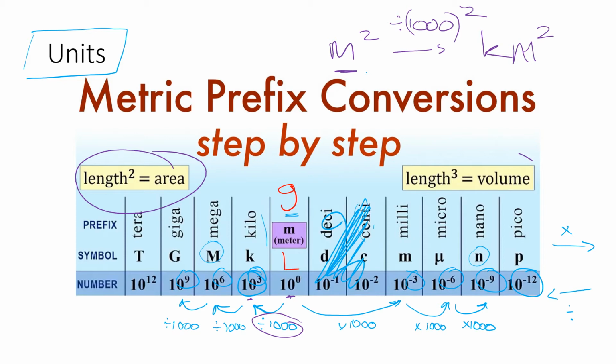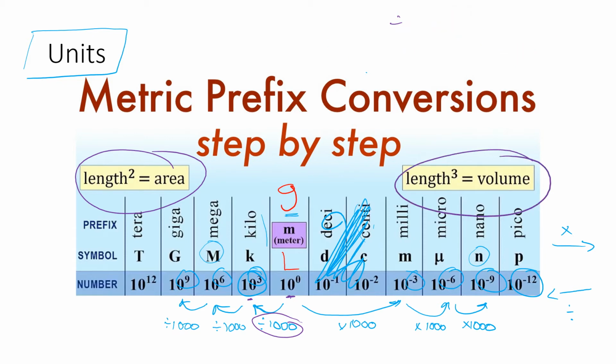If we're using volumes, for example kilometers cubed to meters cubed, we would usually times by 1,000 to go from kilometers to meters, but because this is cubed, we also have to cube this value. So have a bit of a study on that. We really need to get that sorted under our belts.